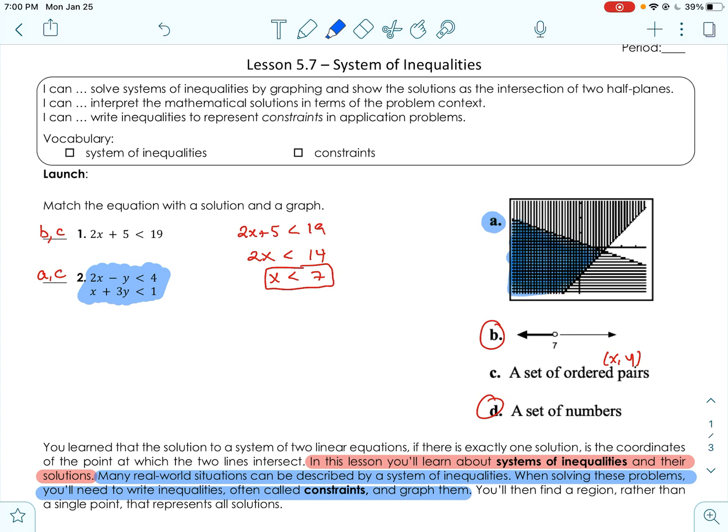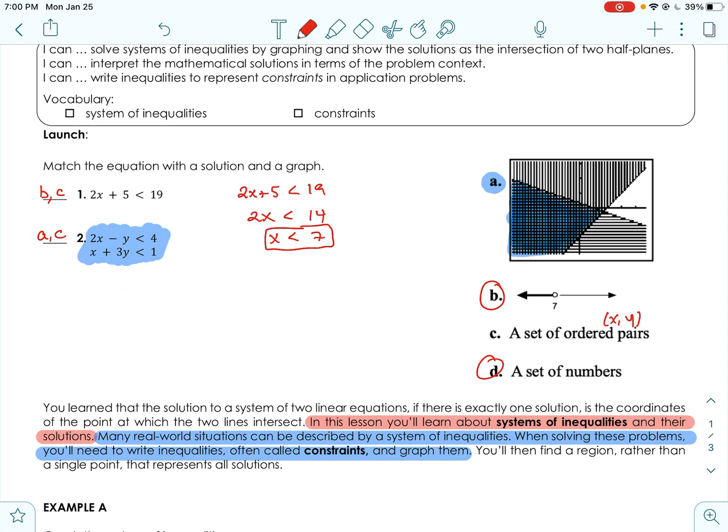So we're going to talk about what that means. Now, in terms of the type of solutions, there's an x variable and a y variable. That means that the solution is going to be the set of x and y values that satisfy both of these inequalities at the same time.